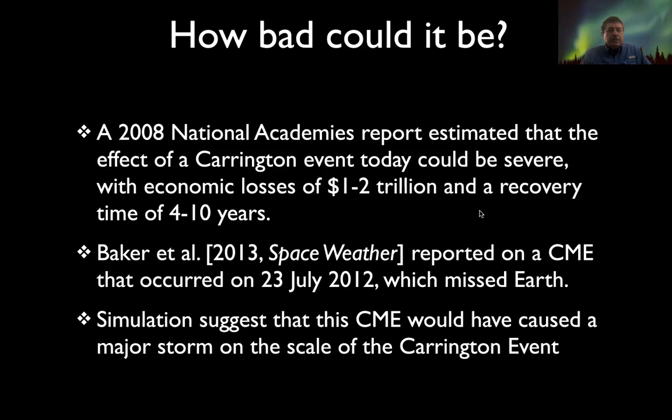So the threat of a major event like this, and its impact through auroral currents, is very real. In fact, we did have an event that might have been on the scale of the Carrington event, but that coronal mass ejection missed Earth. It went off in a direction perpendicular to the Earth-Sun line and just missed the Earth. But these things can happen.